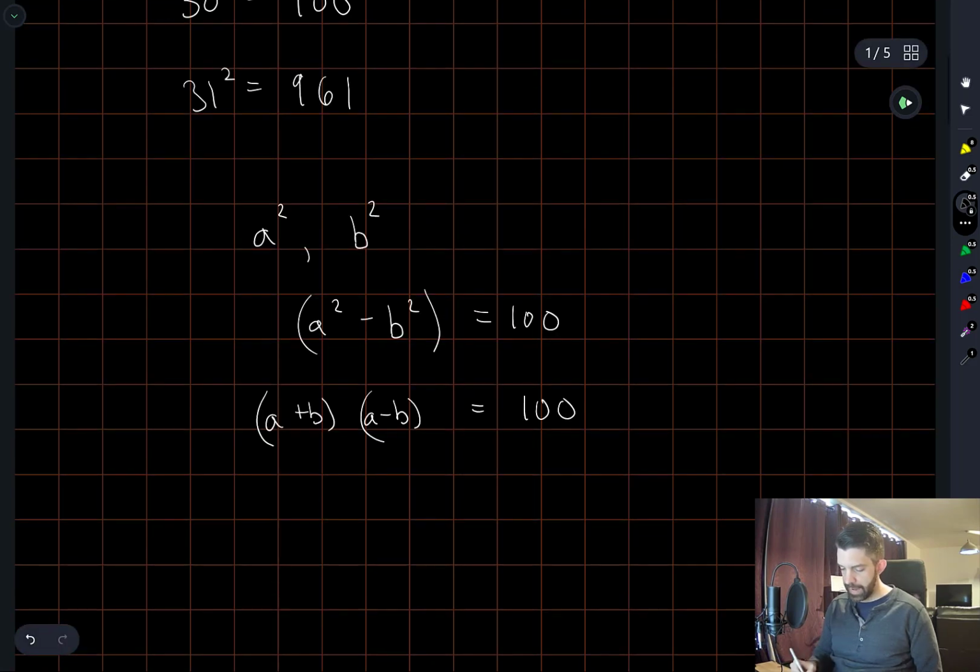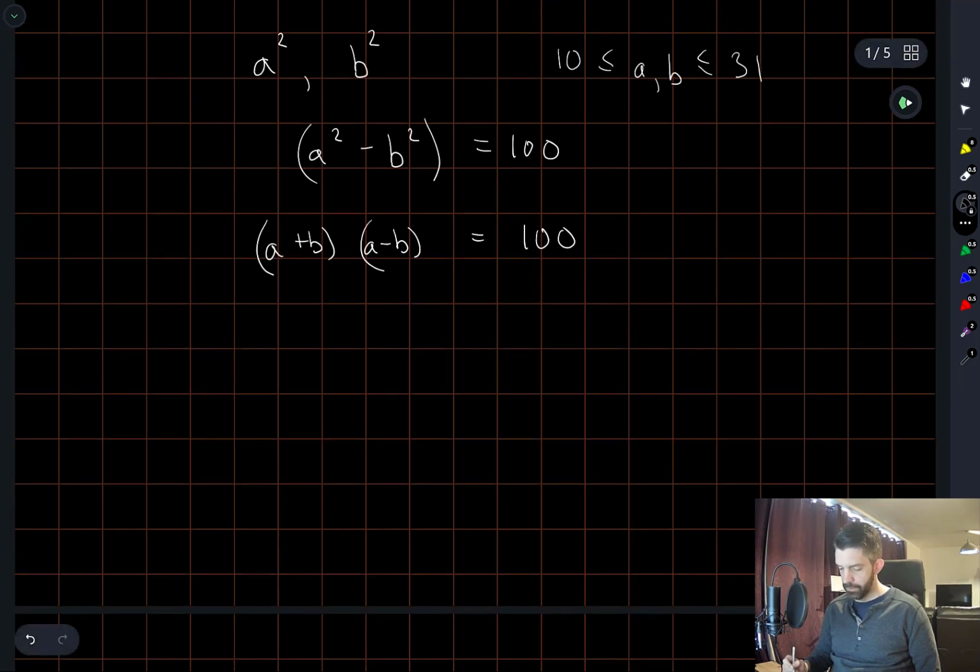And remember, we've said a and b are integers between 10 and 31. So then a plus b is less than or equal to 41.